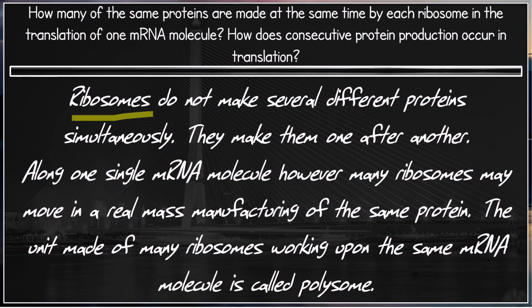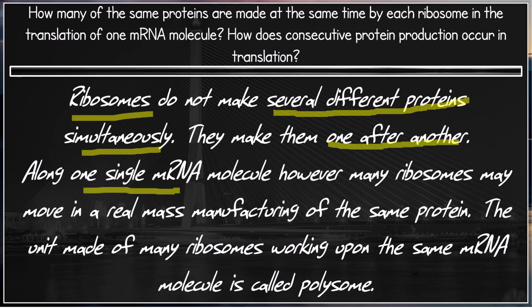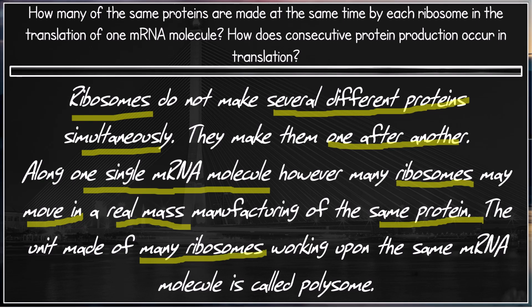Ribosomes do not make several different proteins simultaneously. They make them one after another. Along one single messenger RNA molecule, however, many ribosomes may move in a row, manufacturing the same protein. The unit made of many ribosomes working upon the same messenger RNA molecule is called a polysome.